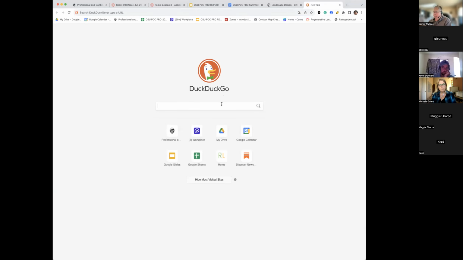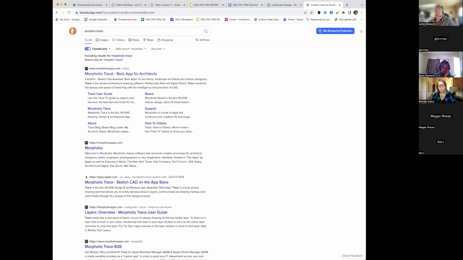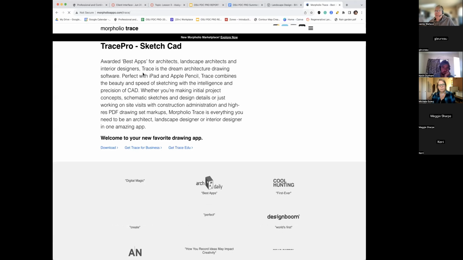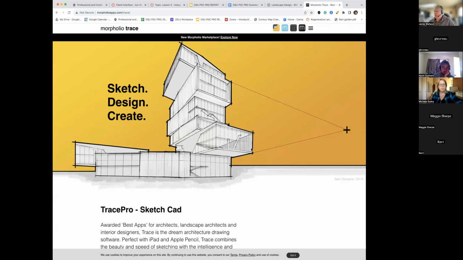Let's see here, some of the lower cost, easier to understand or a little easier to get into software. Morpholio Trace is one of those. It's a great app for an iPad with an iPencil.